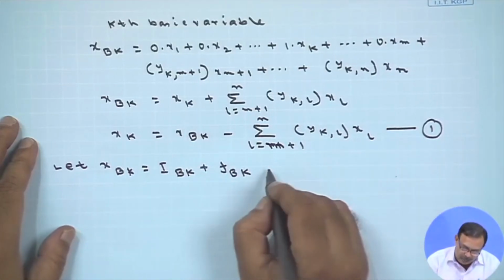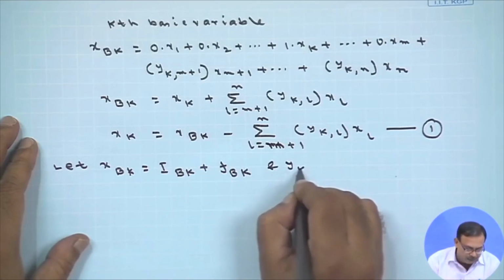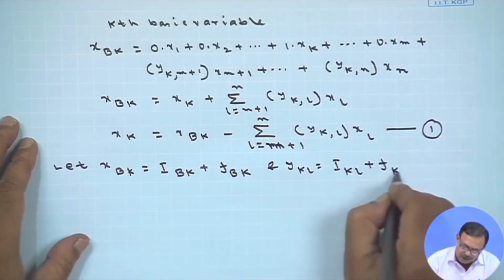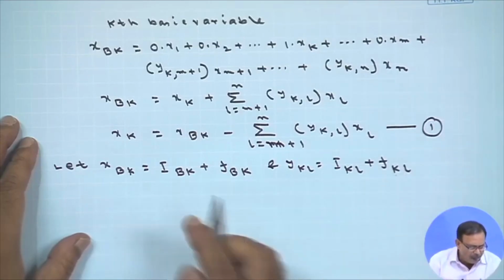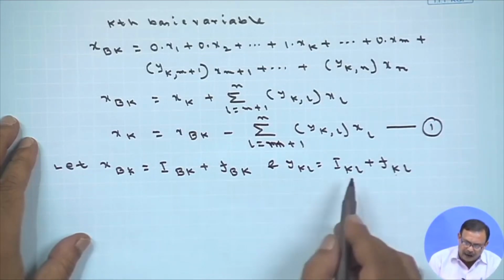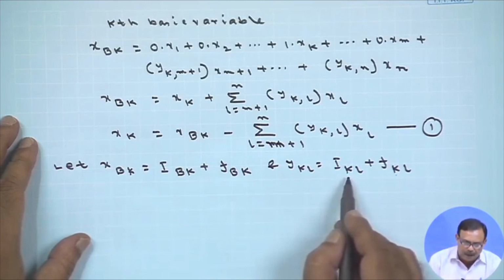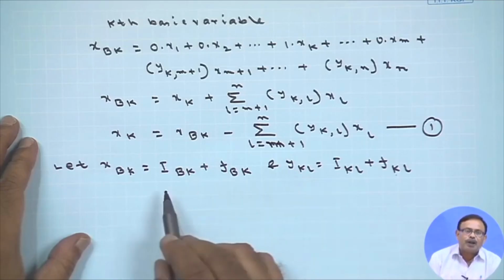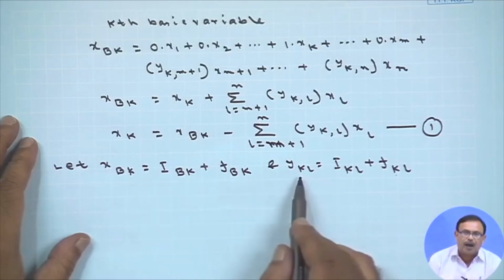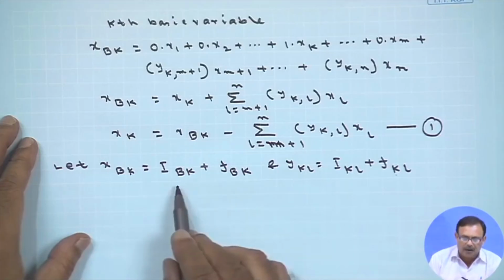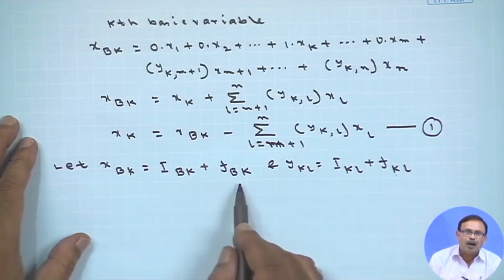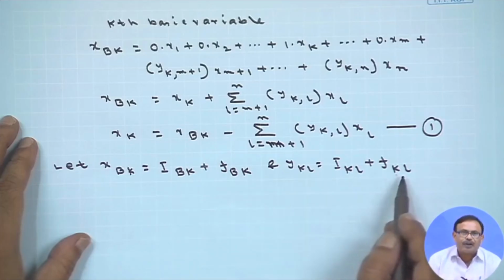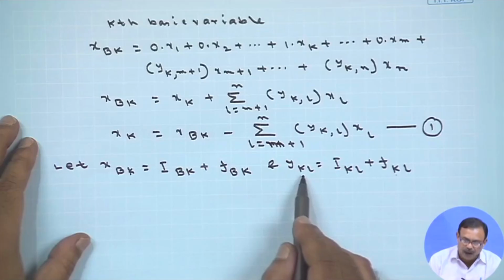So, I am writing ykl equals ikl plus fkl, where ibk and ikl are the integer parts of xbk and ykl respectively. So, basically each of xbk and ykl you are writing in terms of the integer part plus the fractional part. So, fbk and fkl are the fractional parts of xbk and ykl.